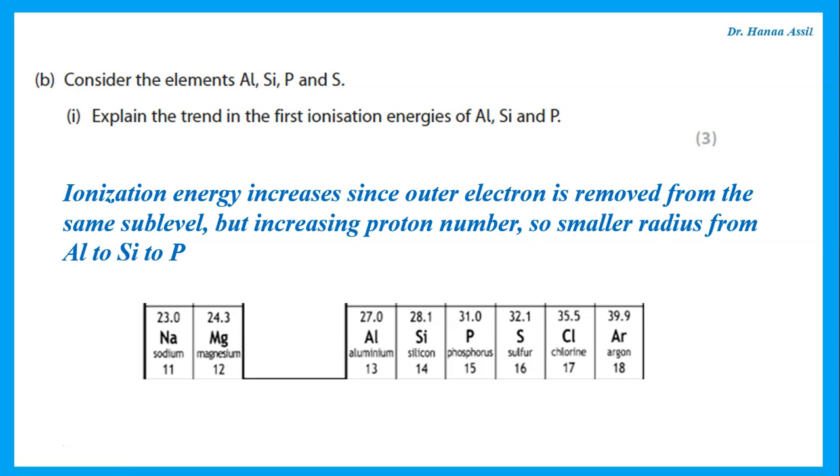So remember, going from left to right in the same period, atomic radius decreases, ionization energy increases.